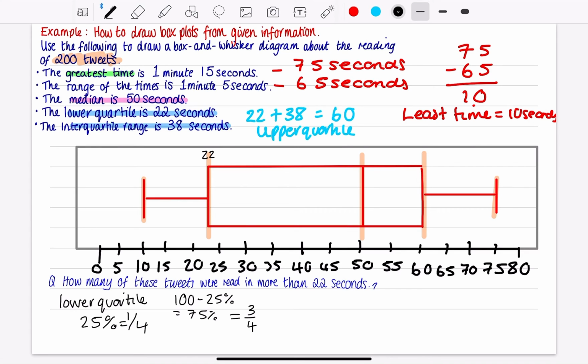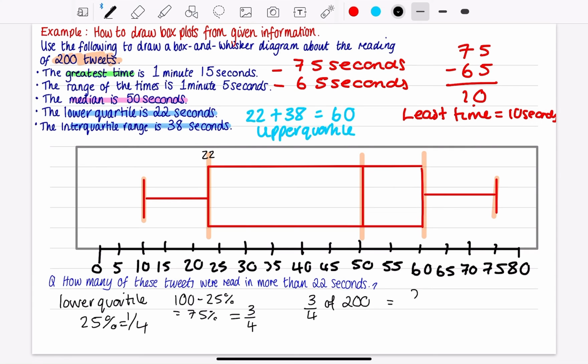You can do this in a couple of ways. You can find 25% and times it by 3. You can take your value and divide it by 4, then times it by 3. Or if it is a number you are familiar with, you can simply use mental methods. So if I want to find 75% of 200, I need to find 3/4 of 200.